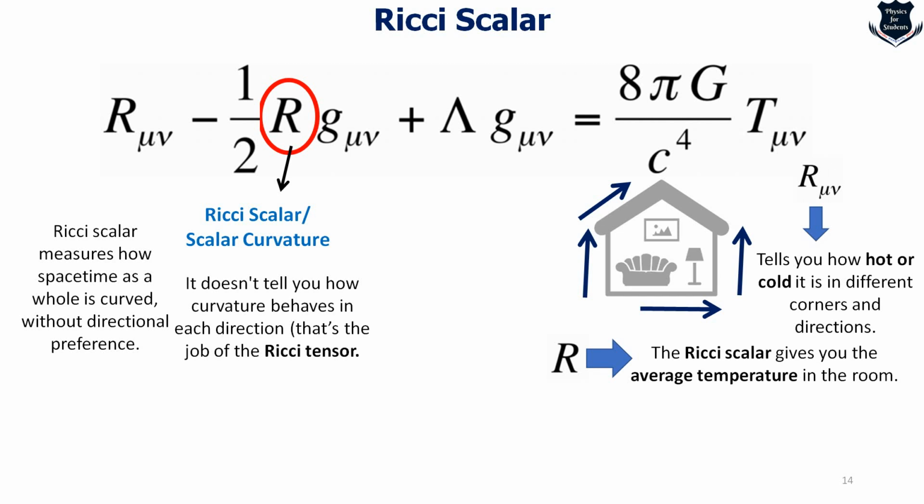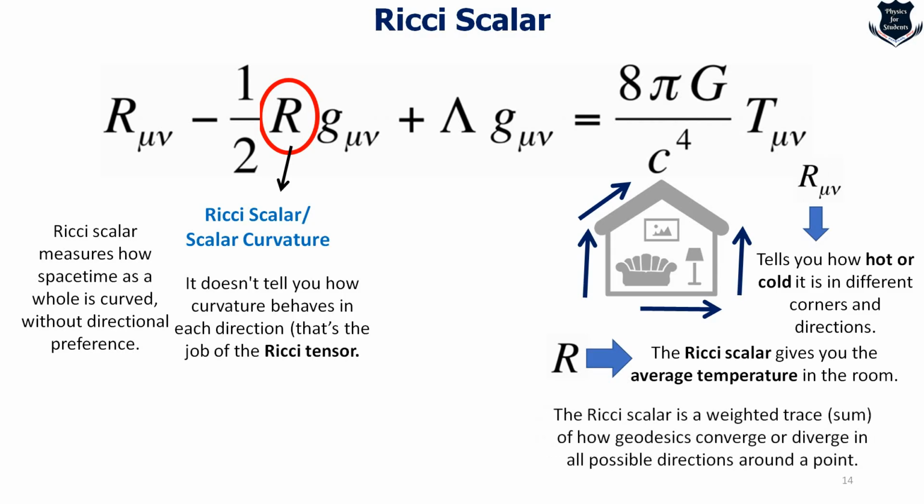Well, this is a hand-wavy, overall kind of explanation, although there is deep mathematics in it, which I am not going into right now. So the Ricci scalar gives you the average temperature of the room. That means it is a weighted average, or you can say it is a trace of how geodesics converge, diverge, or behave accordingly. So this is basically an overview of the equation.